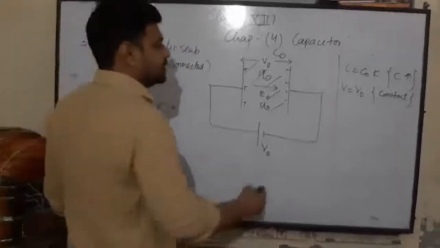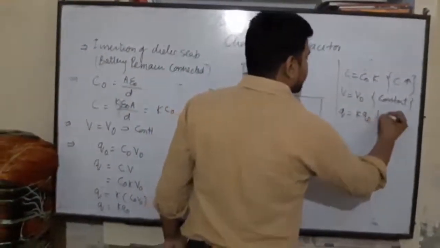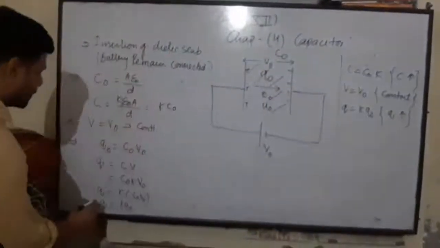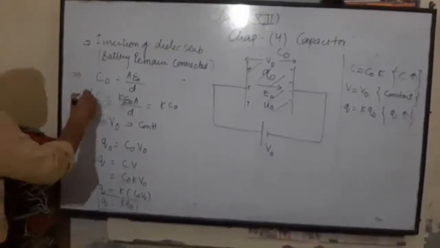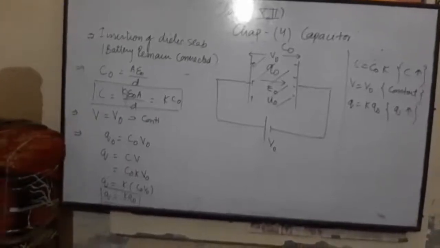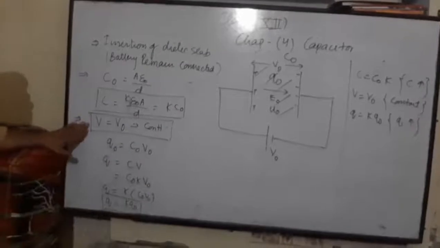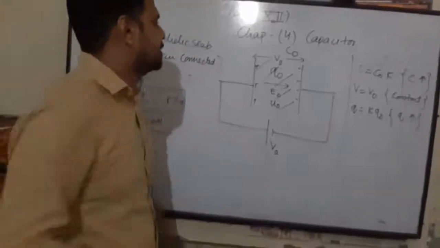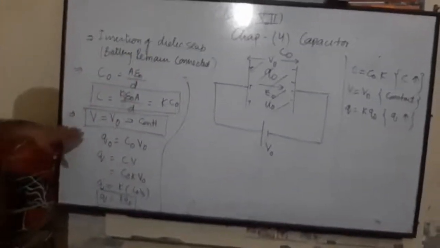It means charge is also increased by K times. So in this case, capacitance increases, charge increases, but the potential difference will be constant because the battery is connected with the plates of the capacitor.